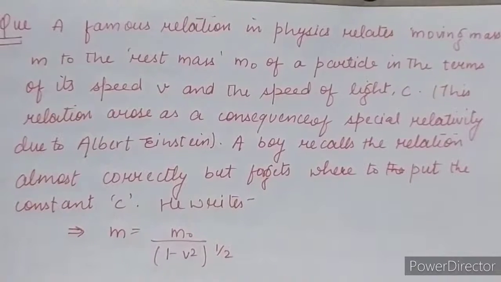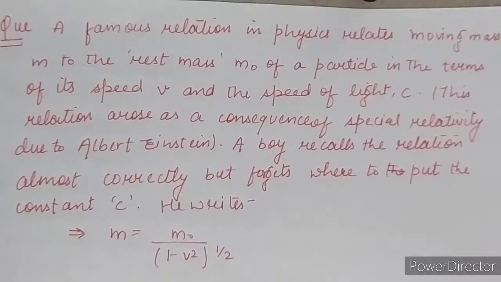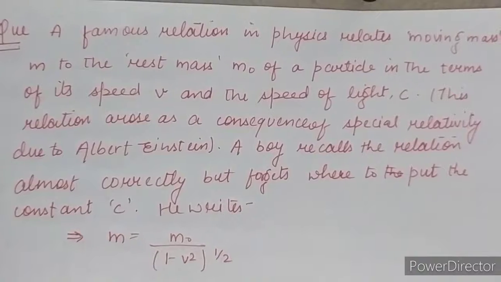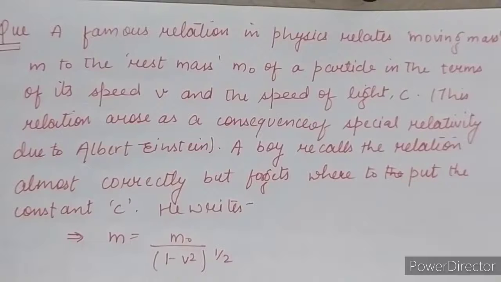Now there is one boy who is writing the famous equation, a relation of a moving mass and the rest mass, in which the velocity of a particle and the speed of light have been given. This famous relation is the special relativity theory, given by Albert Einstein.